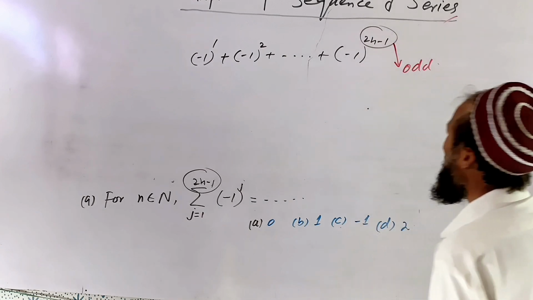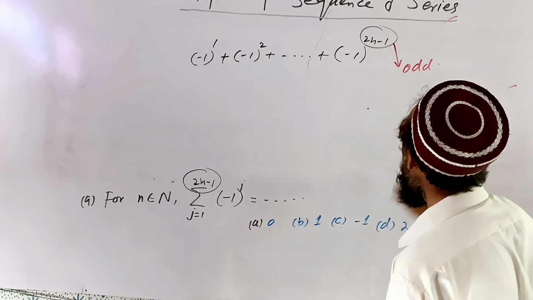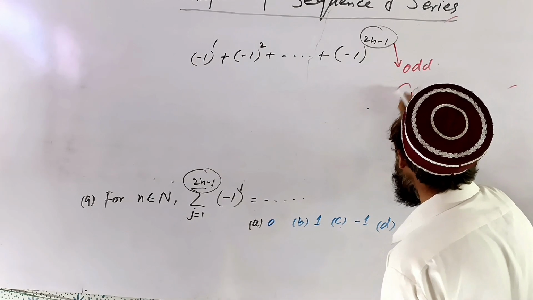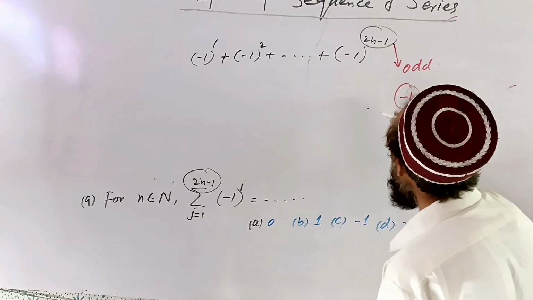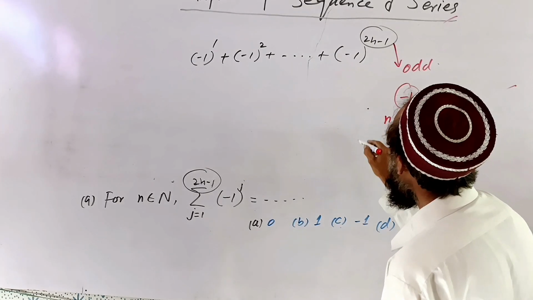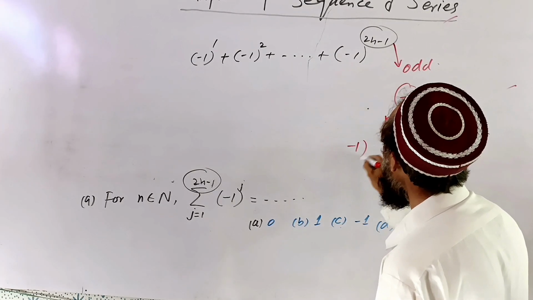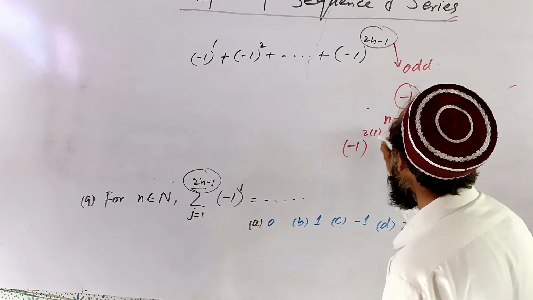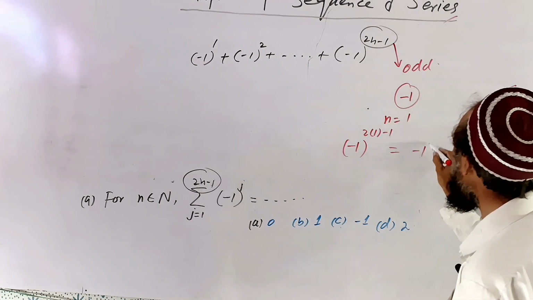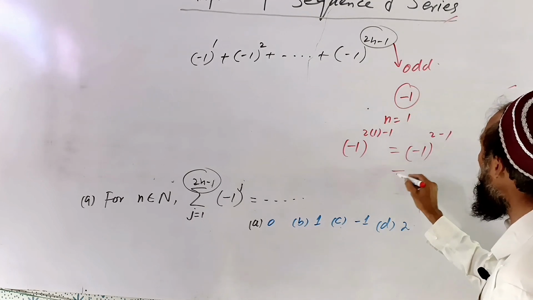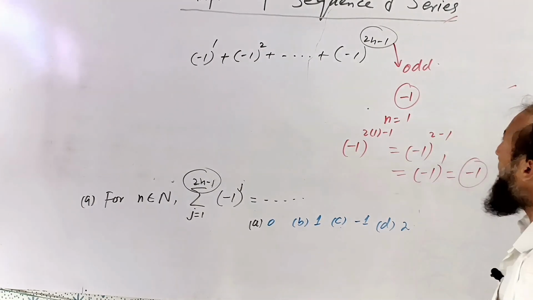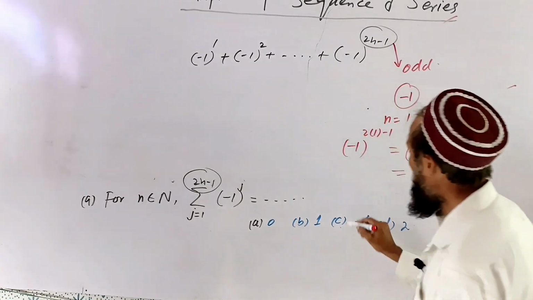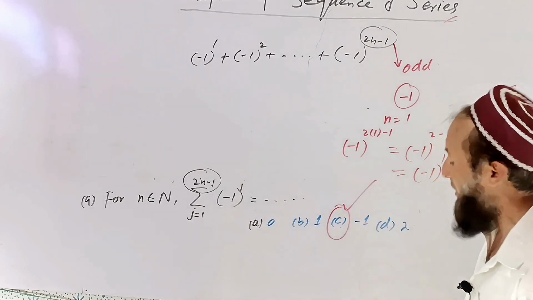Automatically we will get the answer, and for odd powers we get minus 1. Now if we check this answer, we put n equal to 1, so the last term is minus 1. We will get 2 into 1 minus 1 equal to 1, minus 1 power 1 is equal to minus 1. And here the correct option is C.